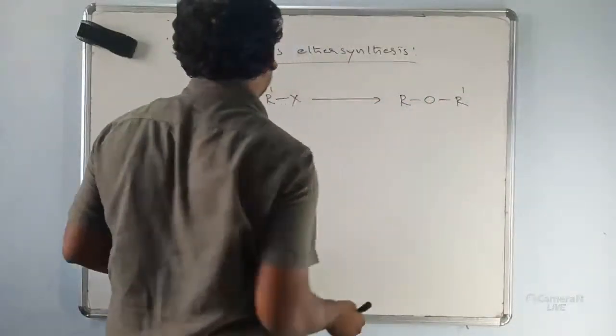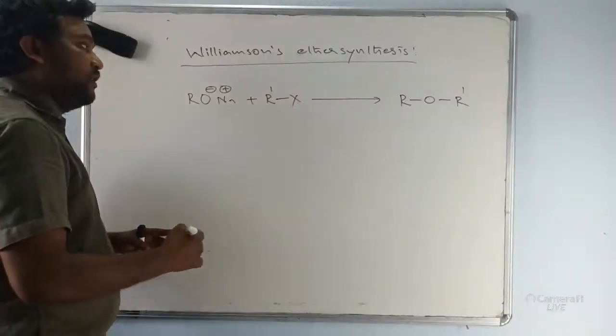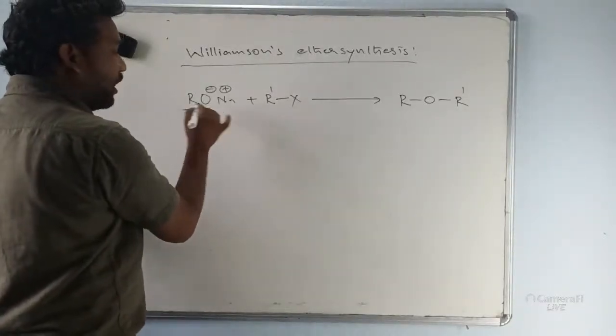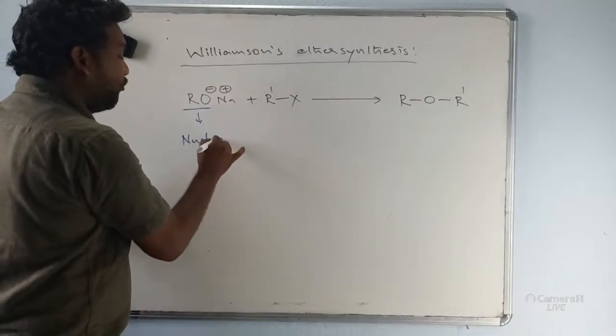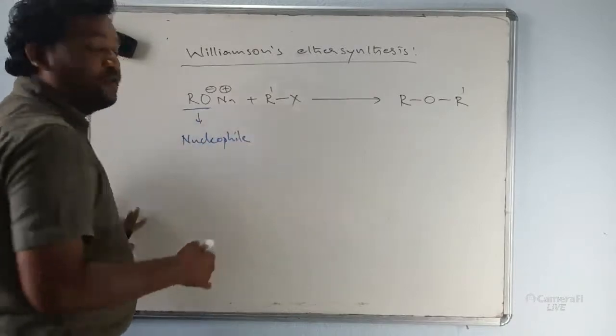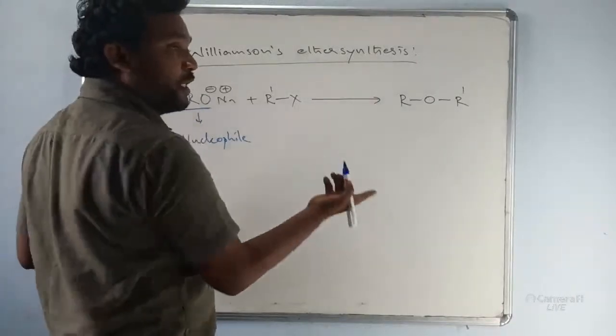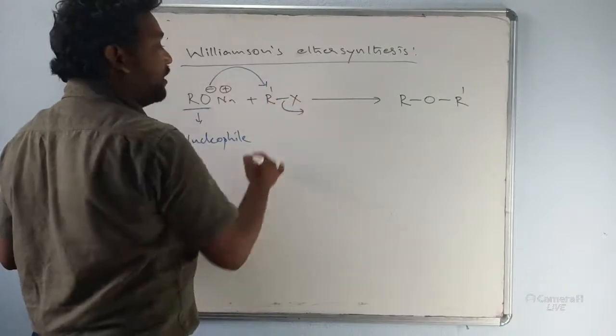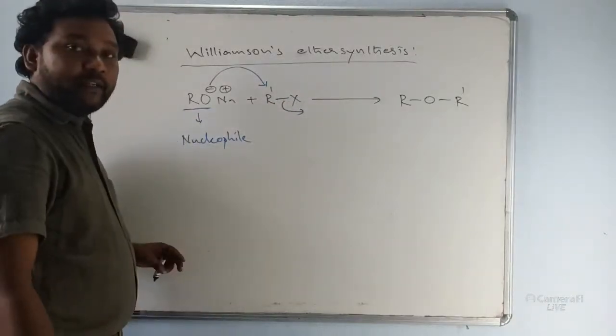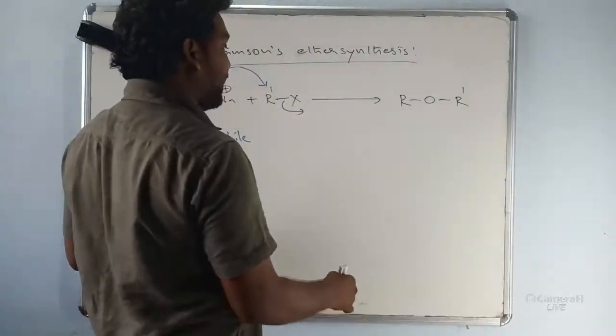Whatever sodium alkoxide is there, this alkoxide acts as a nucleophile. As we know, alkyl halides participate in nucleophilic substitution reactions. So this nucleophile will replace the halogen and result in the formation of ethers.